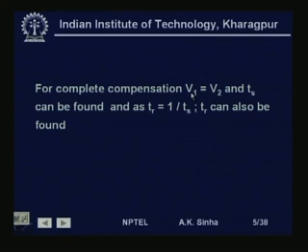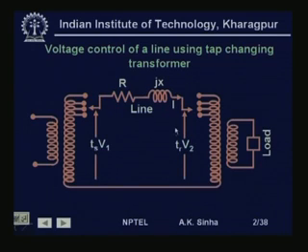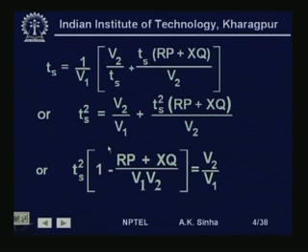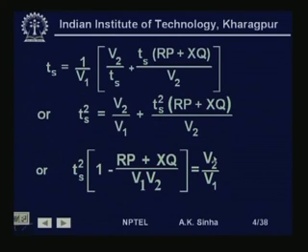So, if we want both of them to be 1 per unit, then V 1 is equal to V 2, or both side voltages becoming equal in this case here and here, both the voltages on the transmission line two ends being equal, that is the line is fully compensated. Then V 1 is equal to V 2 and T s can be found out from this relationship, because V 2 by V 1 will be equal to 1, and solving this we will get the value of T s.